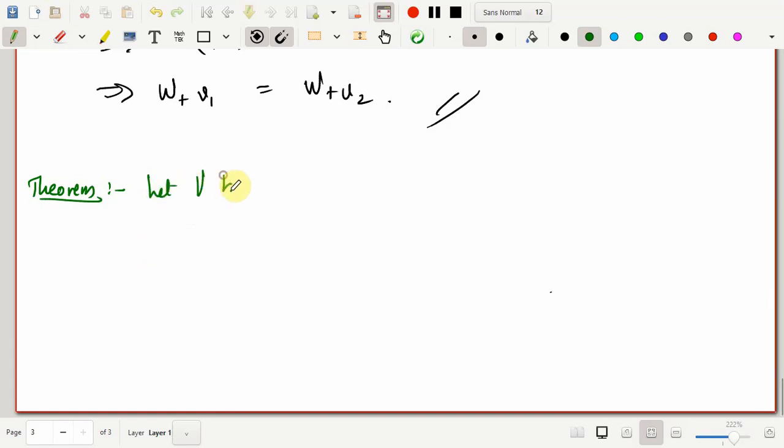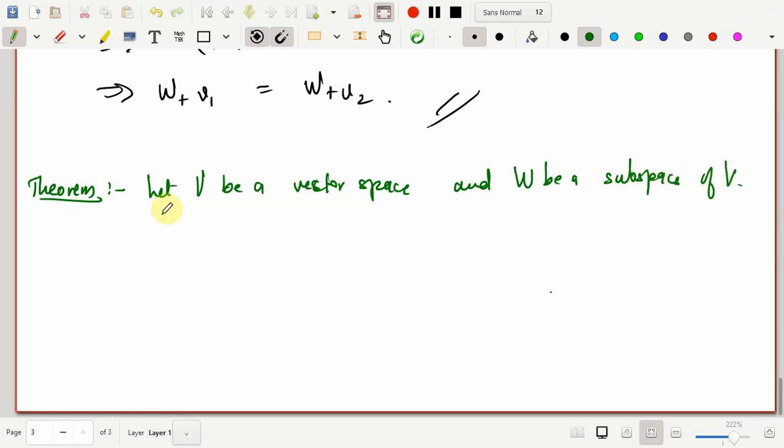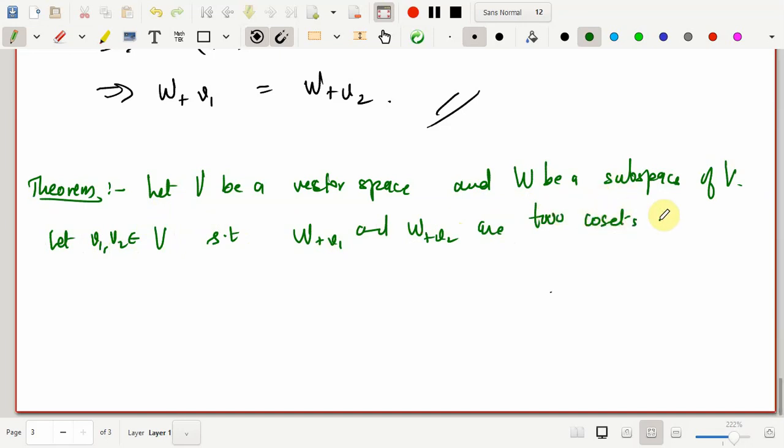Let V be a vector space over some field, and W be a subspace of V. Let V1 and V2 be two points in V, such that W plus V1 and W plus V2 are two cosets of W generated by V1 and V2 respectively.